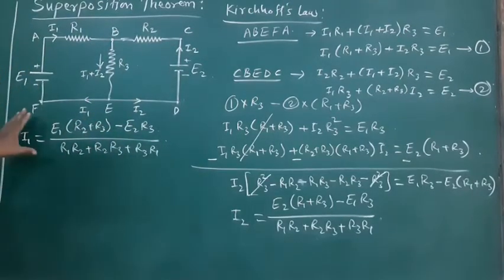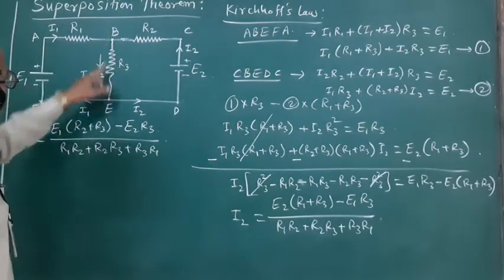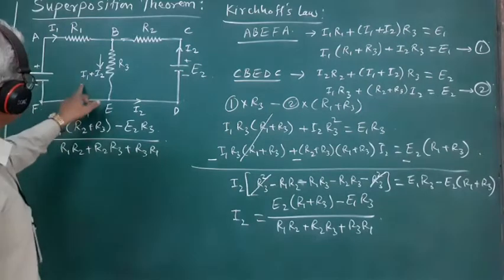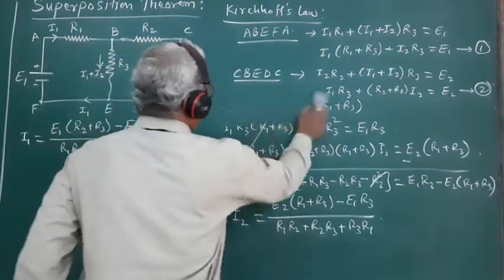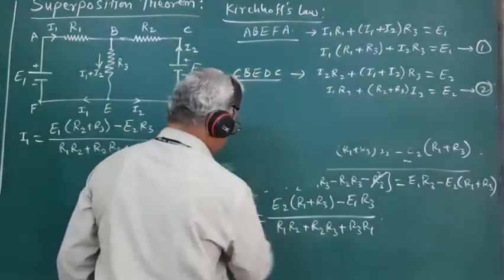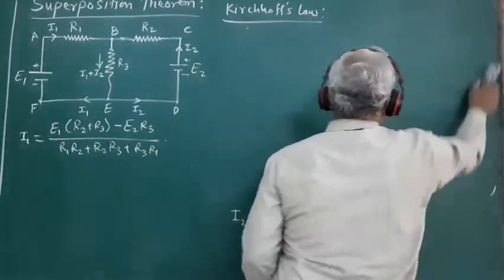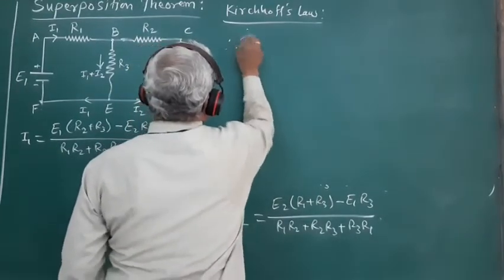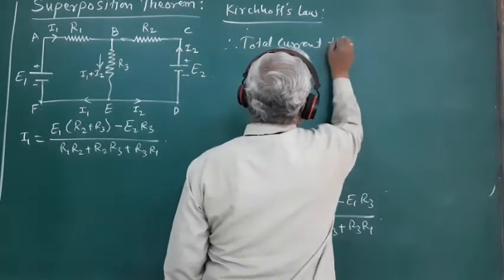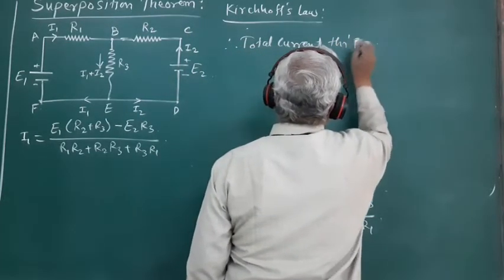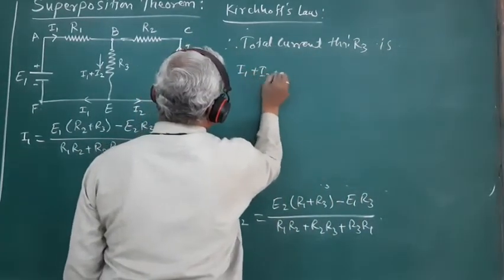So knowing the expression for I1 and I2, now we can find out the total current flowing in resistance R3, and it is equal to the sum of these two currents. So I1 plus I2 will be equal. Therefore, total current is I1 plus I2.